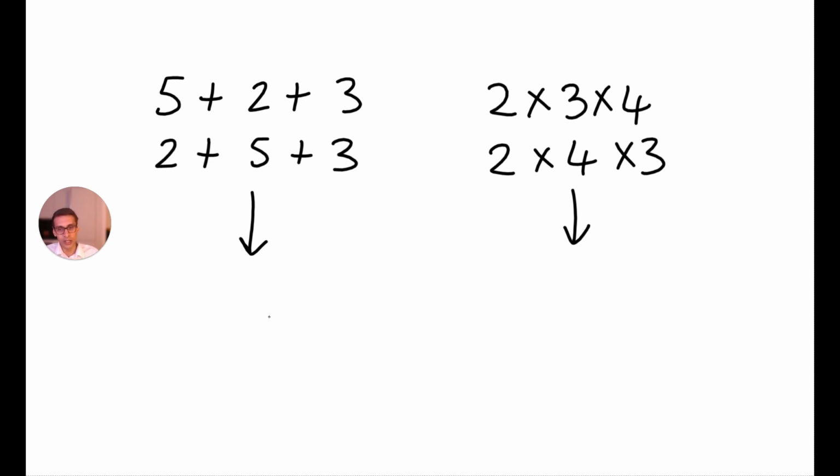It does not work for subtraction. So for example, if we do 5 minus 2 minus 1, that's not the same as negative 2 minus 5 minus 1, or any type of variation. Technically that's a positive 5 there, but we're not going to go into that in this video.